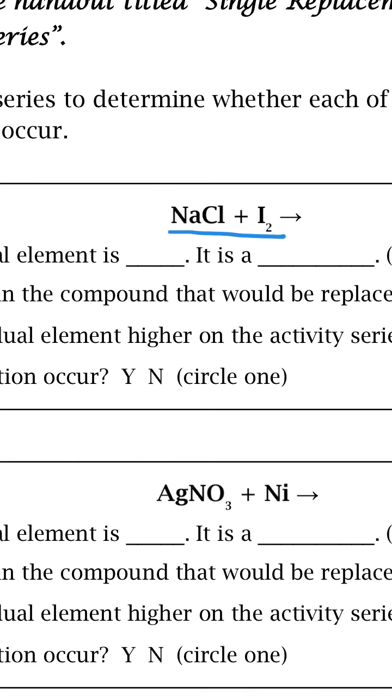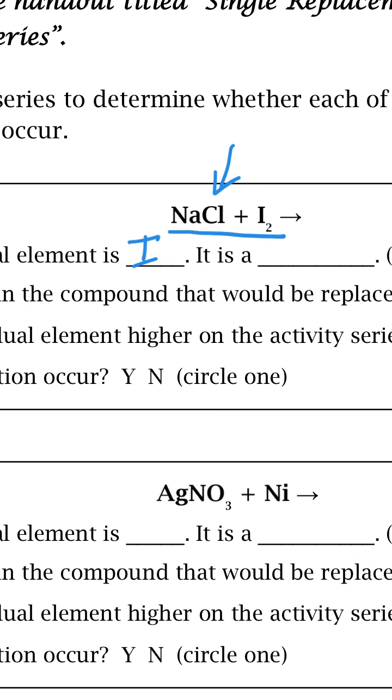What is it? Iodine. Is it a metal or a nonmetal? It's a nonmetal, so I'm going to circle that. The element in the compound that it would replace would be what? Cl, because it's another nonmetal. So Cl is the one that would be replaced.